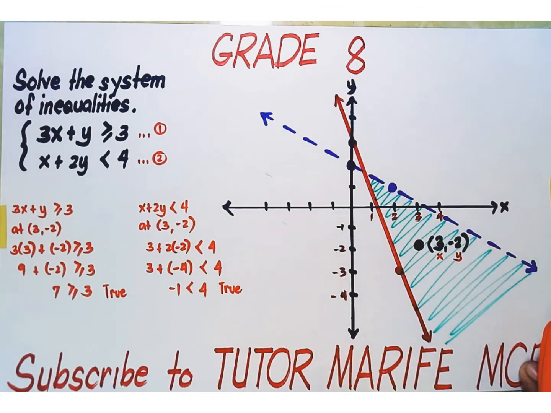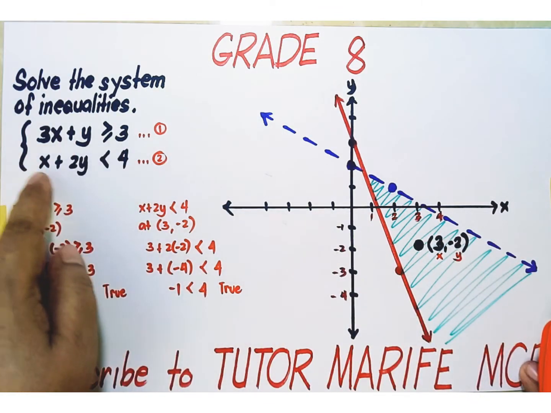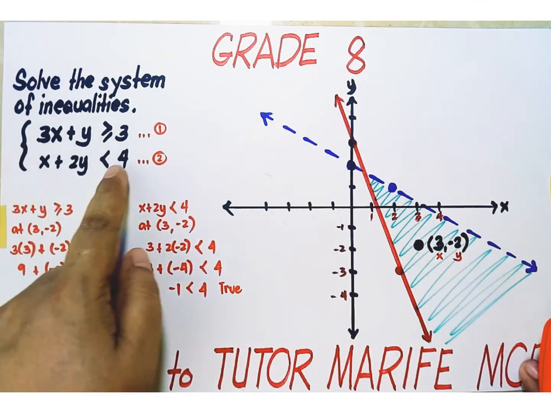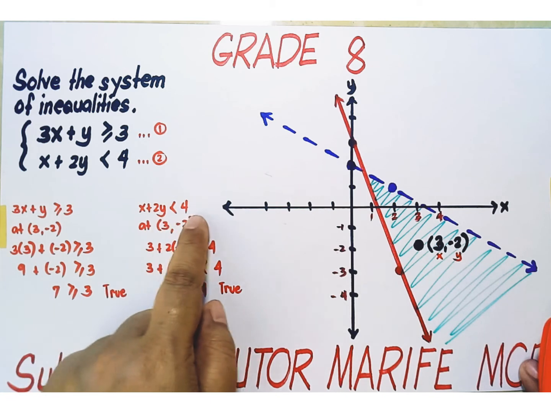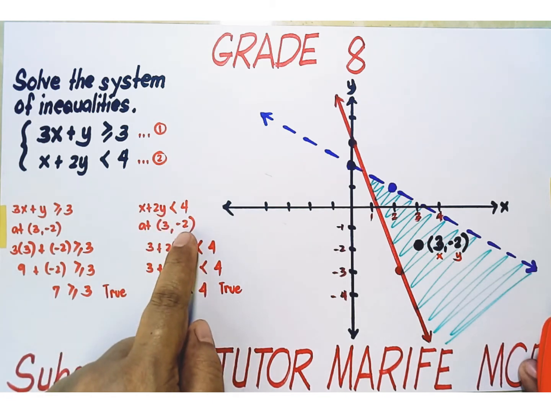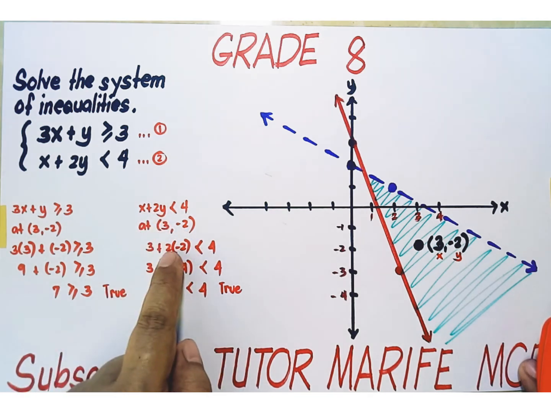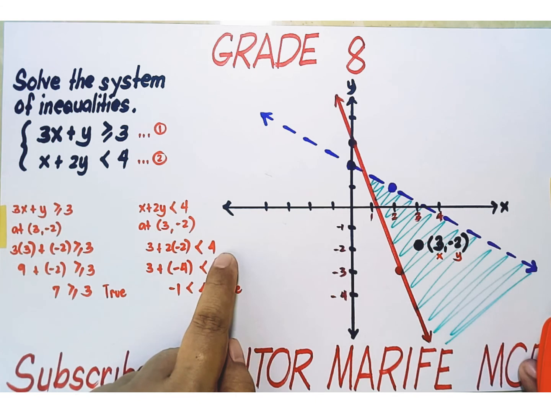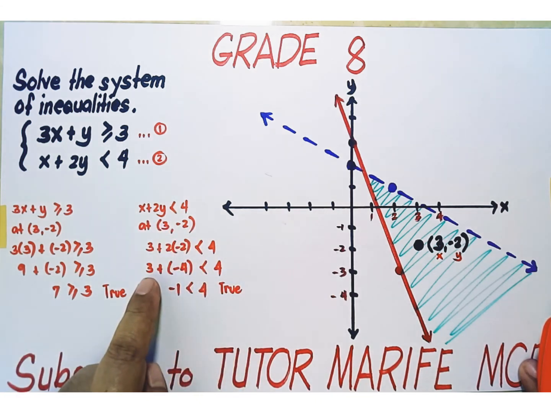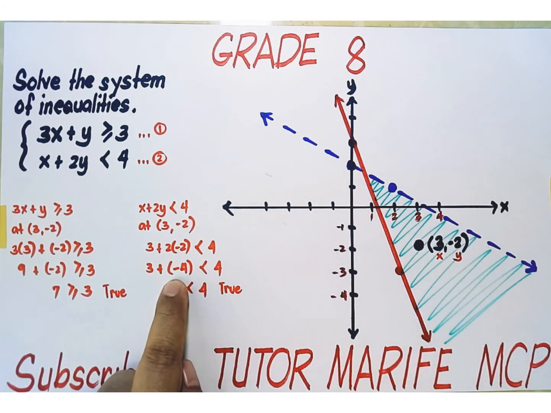Let's double check if these coordinates also satisfy the second inequality in the system. So our second inequality is x plus 2y is less than 4. Replace x with 3, replace y with -2. 3 plus 2 times -2 is less than 4. Simplify the left side of the inequality. 3 plus 2 times -2 is equal to 3 plus -4.